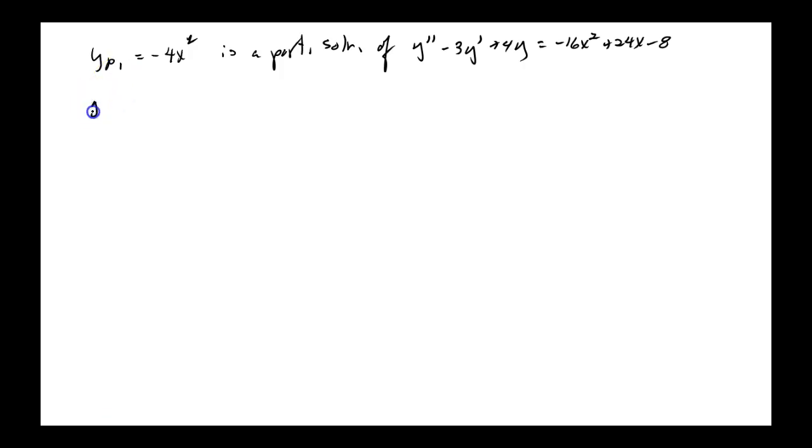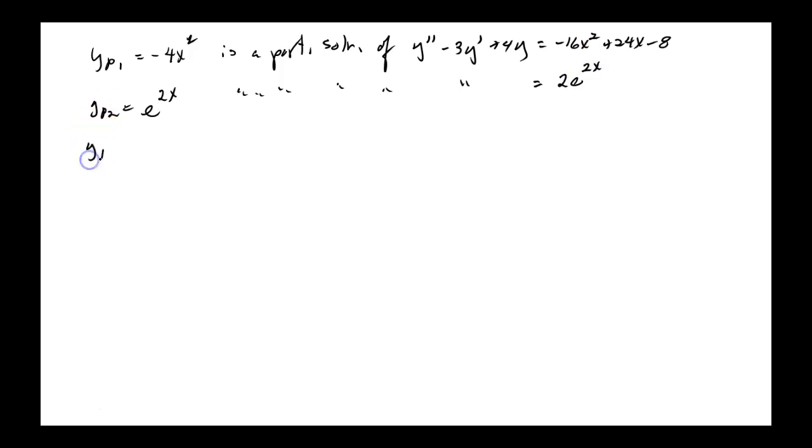They also claim that y sub p sub 2 equal to e to the 2x is a particular solution of that very same differential equation, except that it has a different g of x. This time it's 2e to the 2x. Okay?